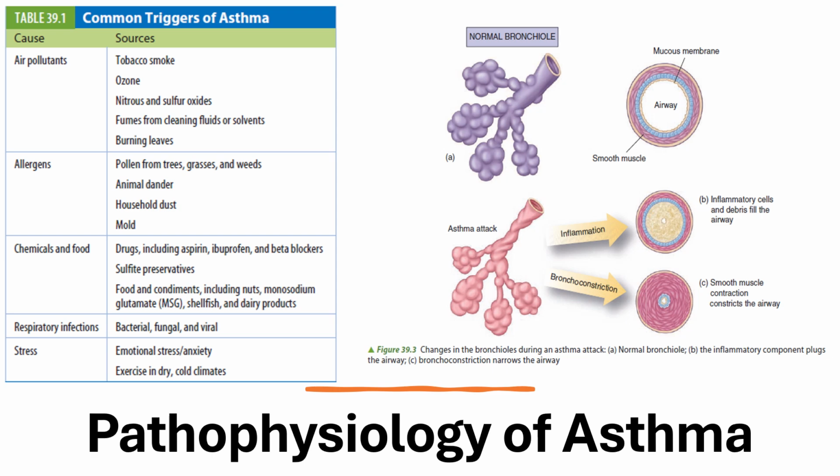Now, we have categories of asthma drugs. We have two simple classes. Number one, you have your quick relief medication. These are short and intermediate acting beta-2 adrenergic agonists, anticholinergics, and systemic corticosteroids.